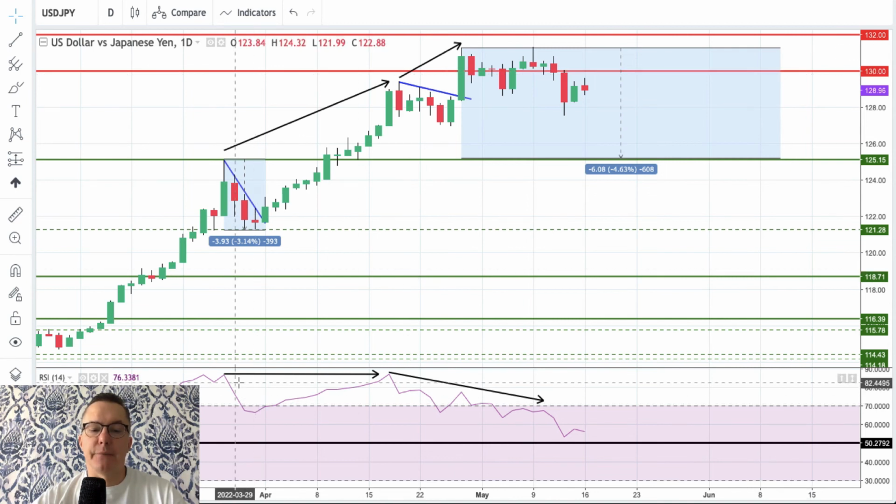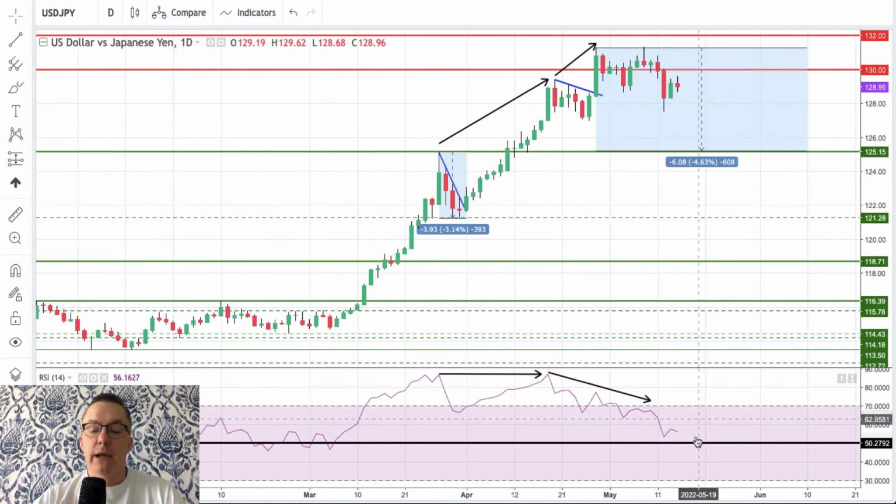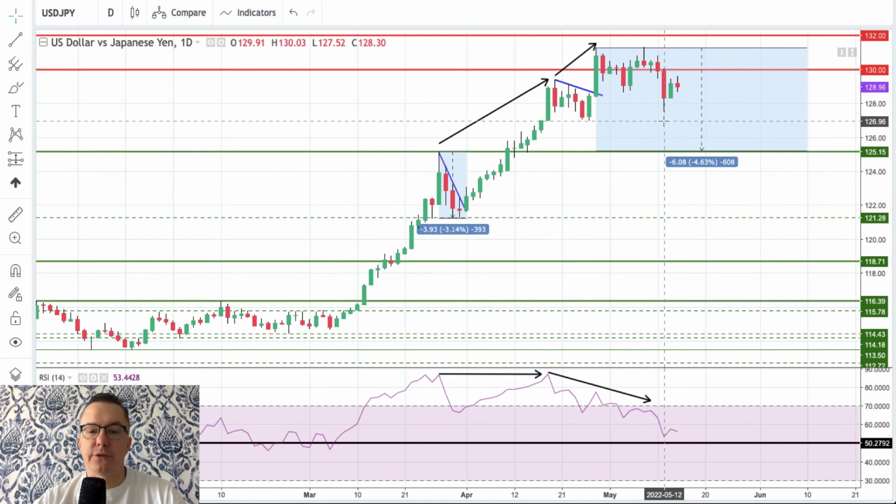As you can see, the bearish divergence, or negative divergence, is now being played out by the market participants, and the momentum has fallen almost to the level of 50, which is of course the neutral level. Please keep an eye on further developments on this pair, because any breakout below the lows of the 12th of May, which is 127.52, will likely give us some sort of down move towards the lows of the 27th of April.